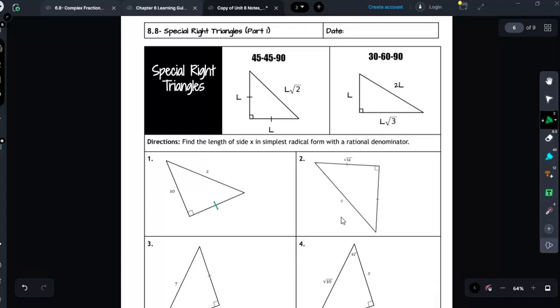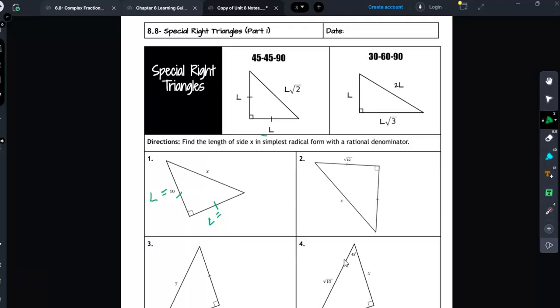I'm going to assume this was supposed to be a 45, 45, 90 triangle. So I'm marking those legs as congruent. So now we know with this, think of this as our 10 is equal to L. And if this is equal to L, what's this side worth?